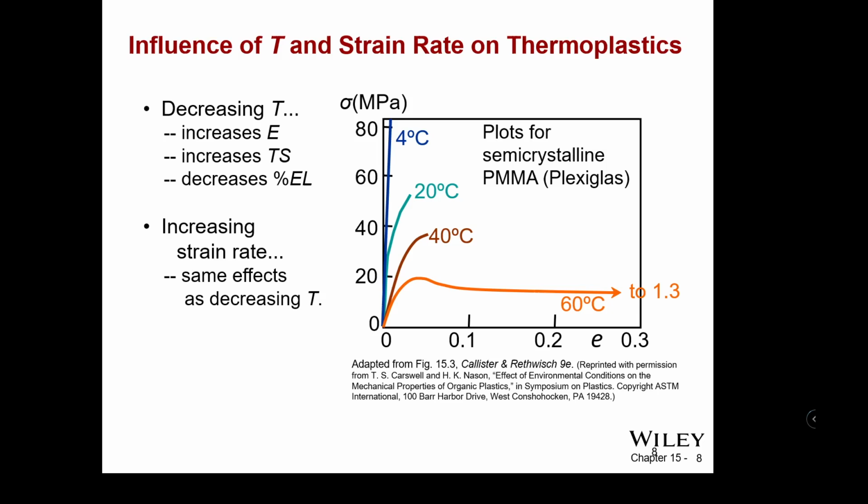And so if you yank something like an elastomer really hard, then you have a decreased ductility, you have an increased tensile strength, and an increased stiffness of the material, because the strain rate, the rate at which you are changing the length of the polymer, as that goes up significantly, it's the same kind of thing as decreasing temperature. So increasing temperature has the opposite effect, or slowing the strain rate has the opposite effect.